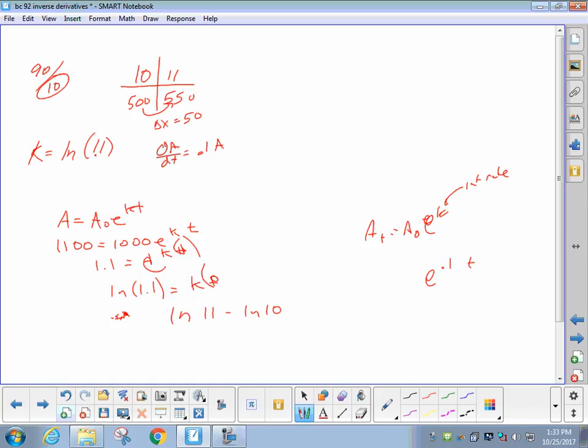Where's my error? It's definitely growing by 10% in a year. Exponentiate, that's cool. Log. I'm not seeing why this failed. I guess I'll have to come back to you. I don't see the issue right now.